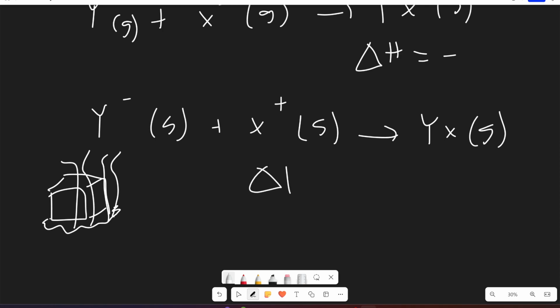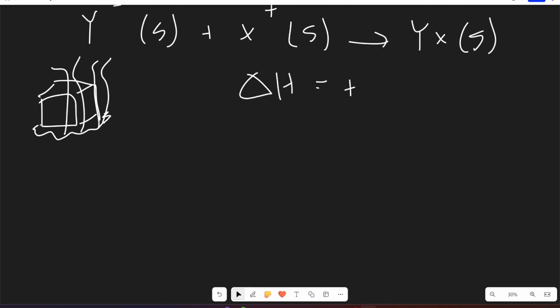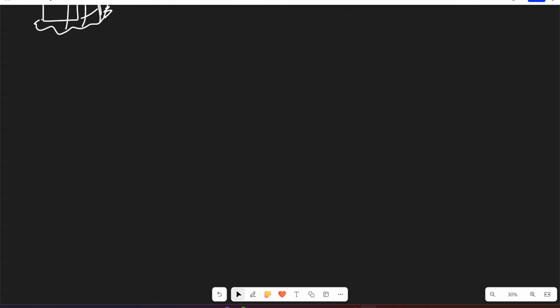So the delta H for this is going to be positive, because we need to add energy for this lattice to break apart and form gas ions. When the lattice is formed, it's an exothermic process, and when the lattice is broken, it's an endothermic process.